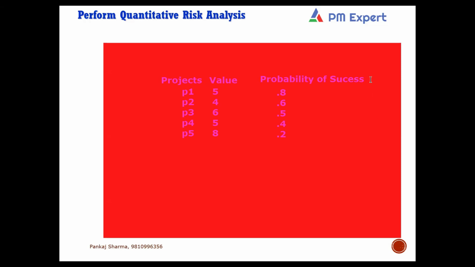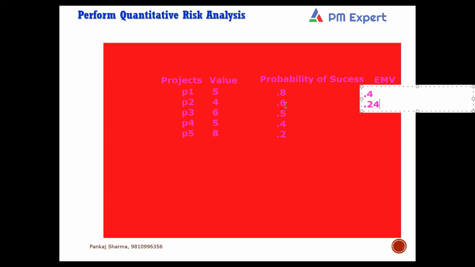To understand which one should be at the top, you should calculate the expected monetary values. What will be the expected monetary value of the first one? 0.4? What will be the expected monetary value of the second? 0.6 into 4, 2.4.